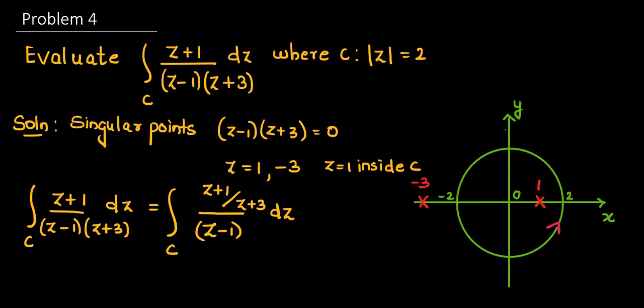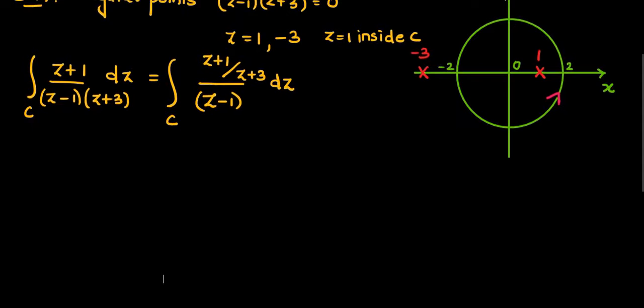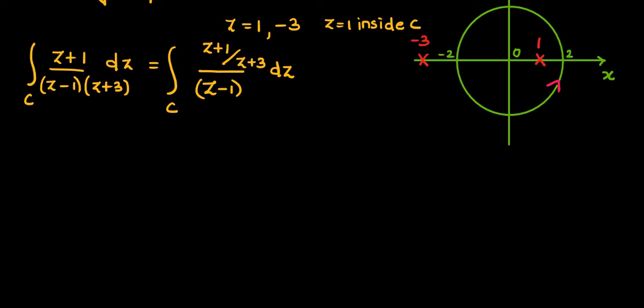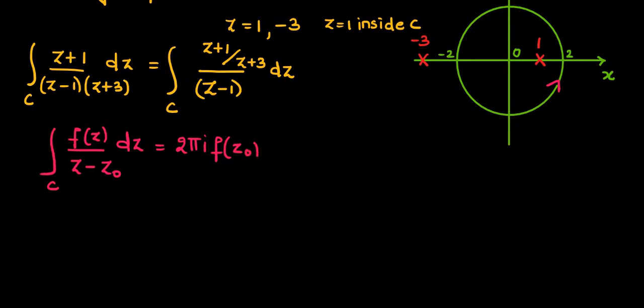Now this is of the form integral of f of z by z minus z naught dz, which is 2 pi I into f of z naught. Here we should make a note that z naught is a point inside the circle.